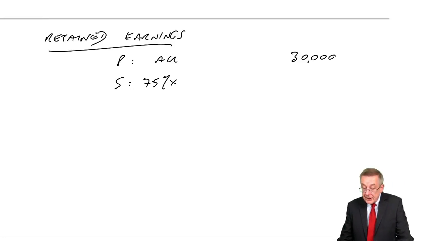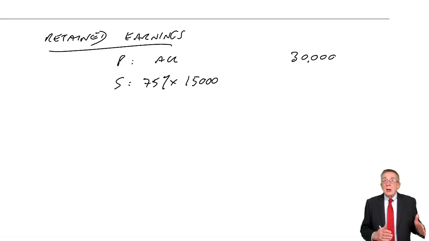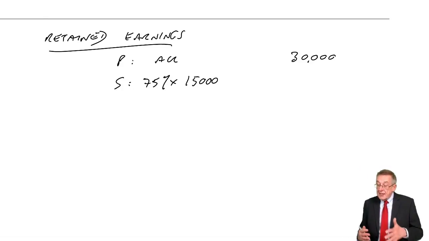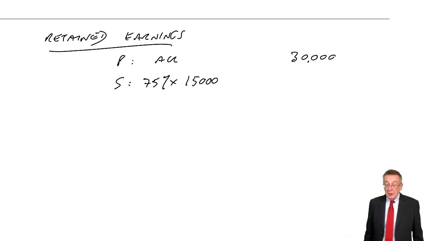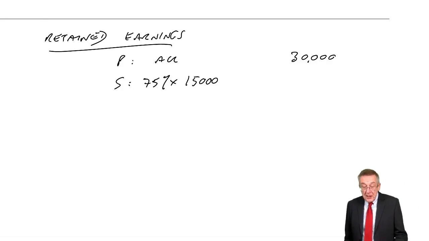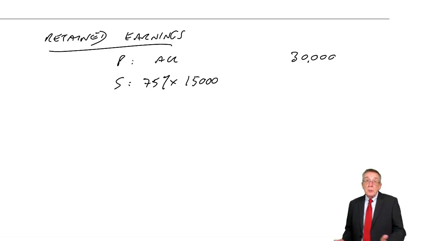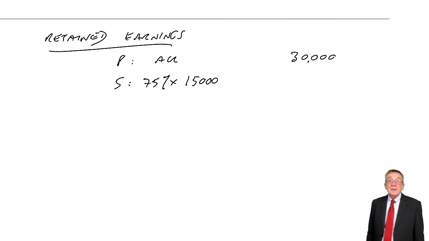Well, S's retained earnings are 15,000. Because P acquired the shares on incorporation, there were no pre-acquisition earnings. These are all post-acquisition. And so normally we just take 75% of 15.